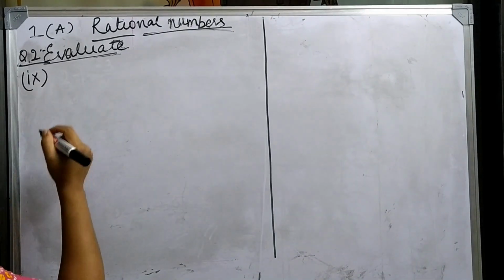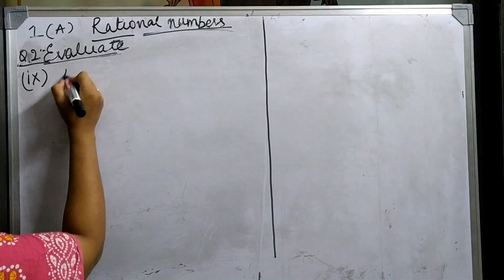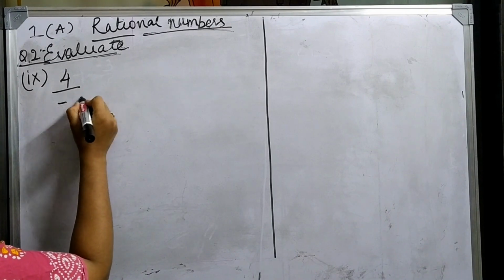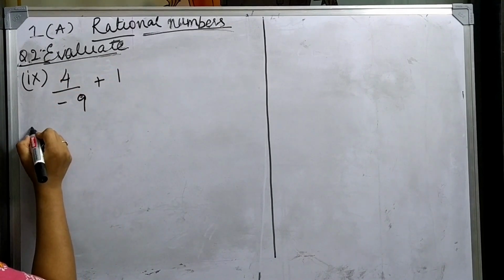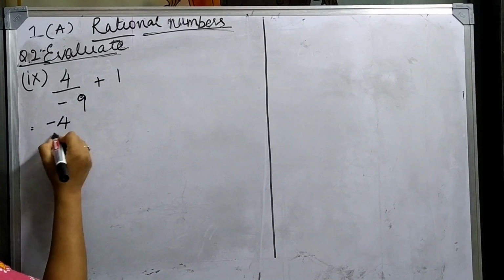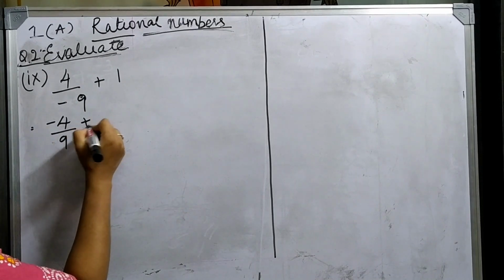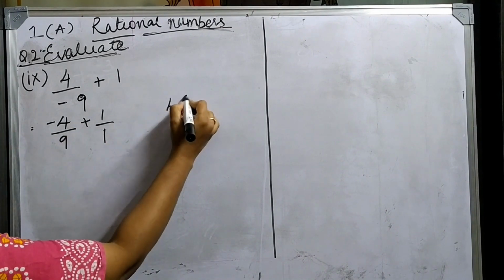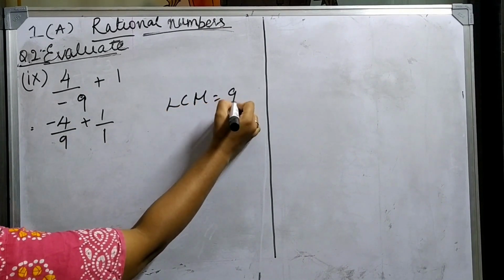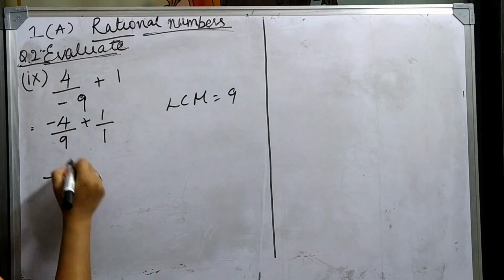So the next question, which is the last question, is 4 divided by minus 9 plus 1. So which is nothing but minus 4 by 9 plus 1 by 1. So the LCM of 9 and 1 is, LCM is 9. So 9 divided by 9 is 1.